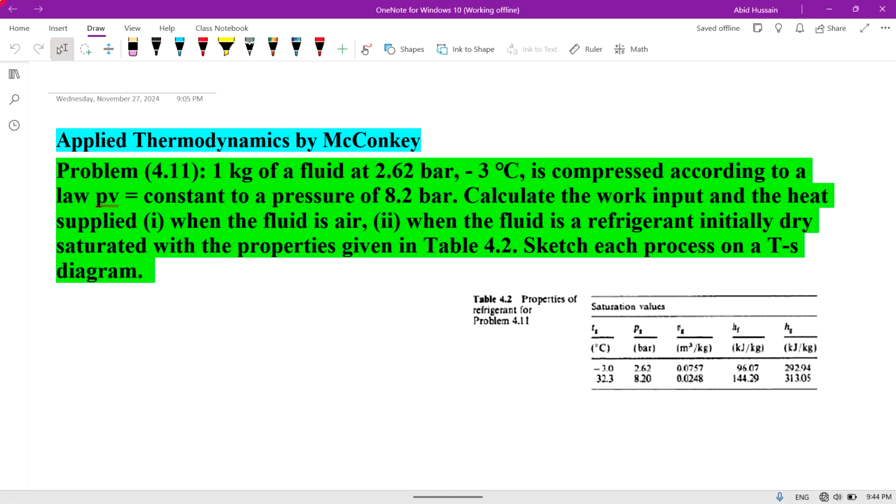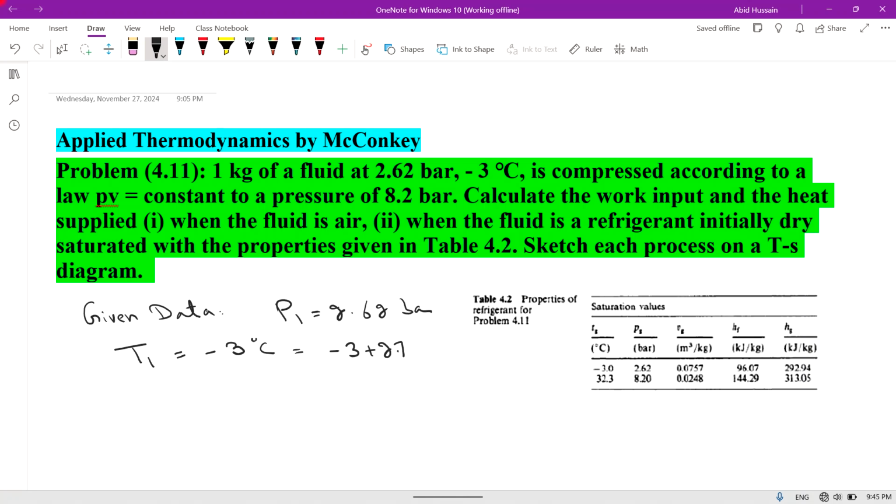So first we write the given data. Mass is 1 kg. Initially fluid pressure is 2.62 bar and temperature is equal to minus 3 degrees centigrade, which in Kelvin is equal to minus 3 plus 273, which is equal to 270 Kelvin.